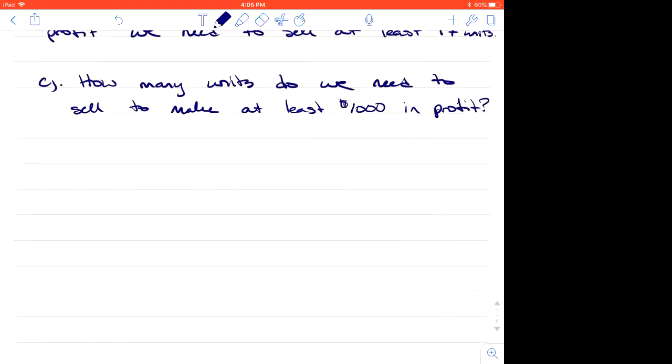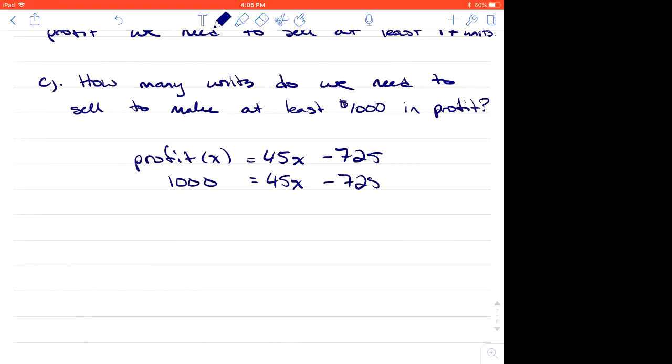So we're going to start off with our general profit function again. Profit of x is 45x minus 725. Exact same thing. Now we're just forcing the profit to be 1,000 instead of 0. So we have 1,000 on the left-hand side, and then 45x minus 725. And again, we're just solving for x.